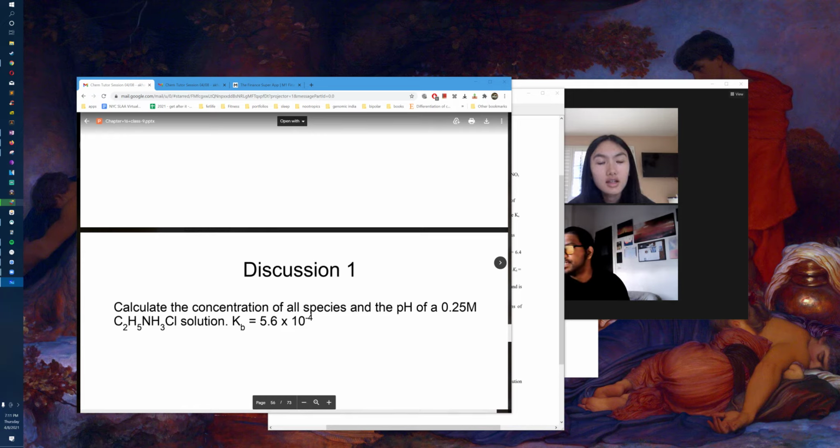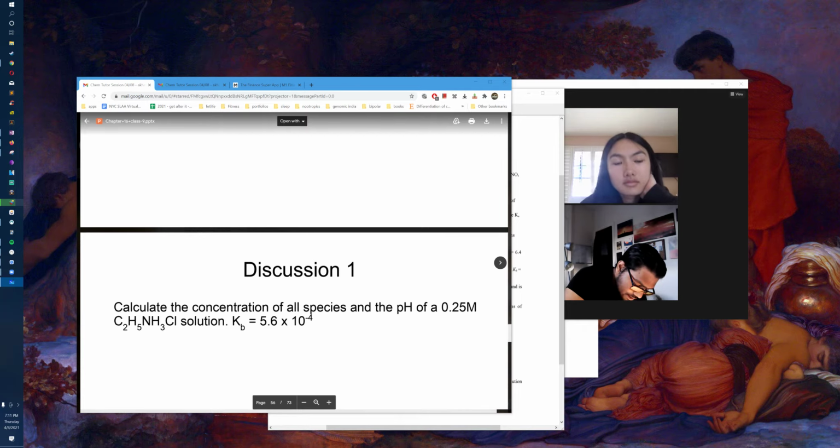Let's see. All right. 0.1 of chloroacetic acid is 11% ionized. Using this information, calculate Ka for chloroacetic acid. So I'll do this above. So 4. This kind of helps us out in the sense that it shows how much is ionized, right?